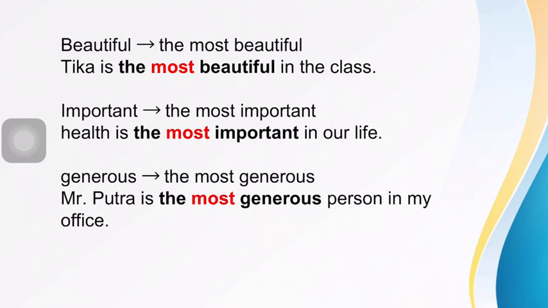Tika is the most beautiful in the class. Important becomes the most important. Health is the most important in our life. Generous becomes the most generous. Mr. Putra is the most generous person in my office.